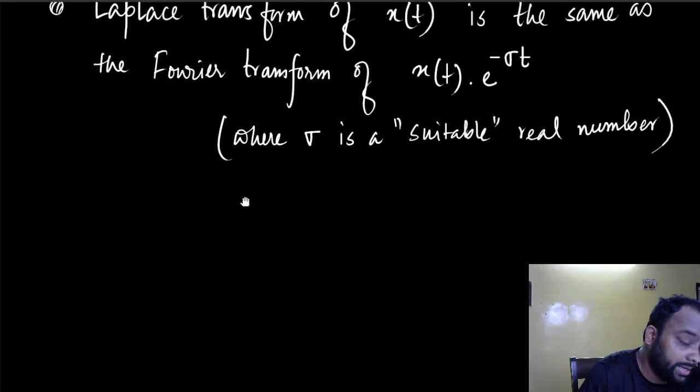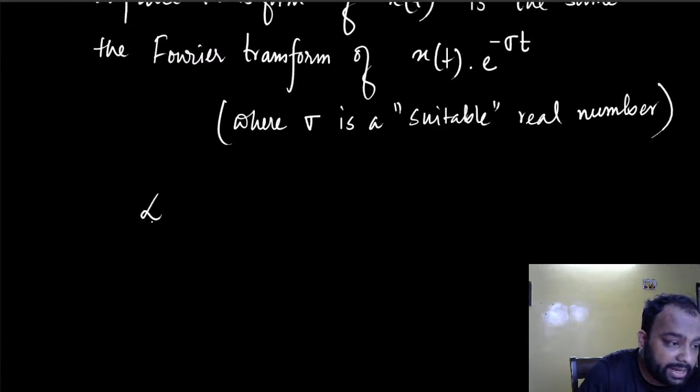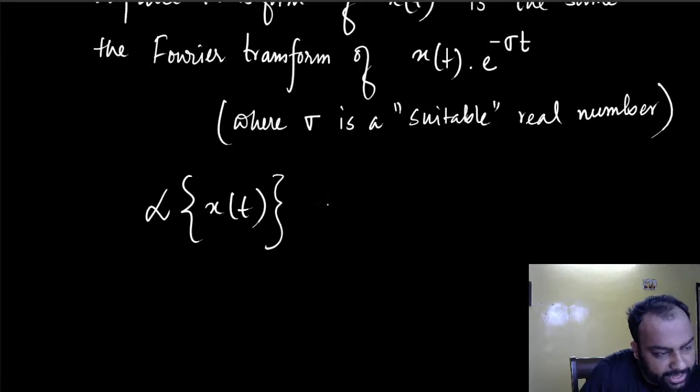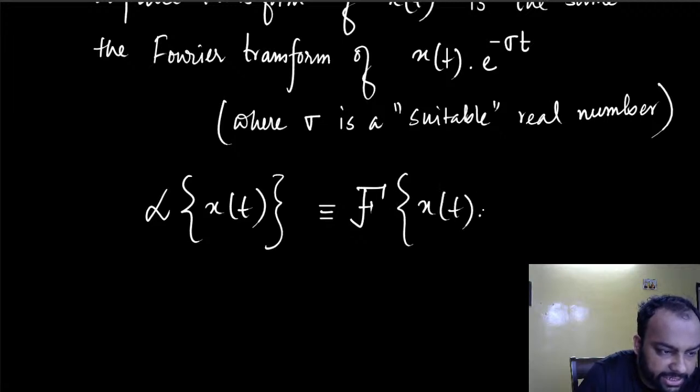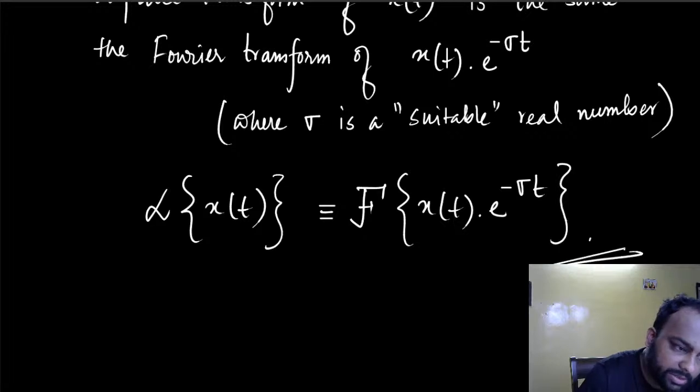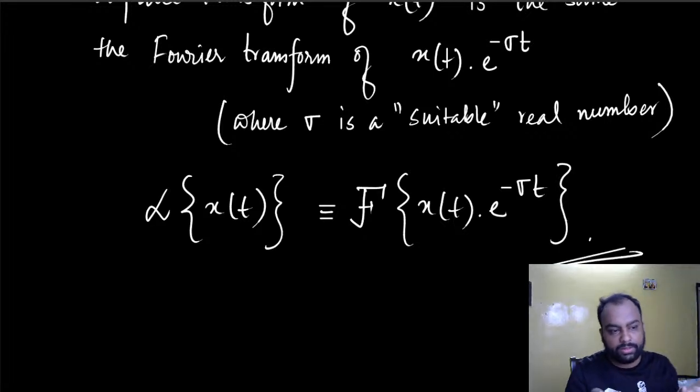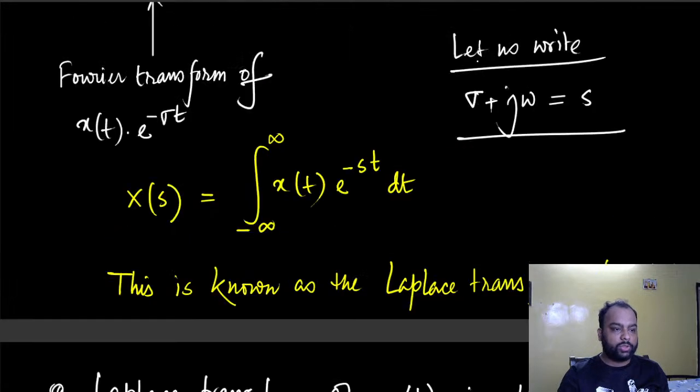So essentially, by proper terminology, L is used for representing Laplace transform. The Laplace transform of x(t) is identical to the Fourier transform of x(t) multiplied with e to the power minus sigma t. So that is what you have to understand. This is where Laplace transform actually comes from.